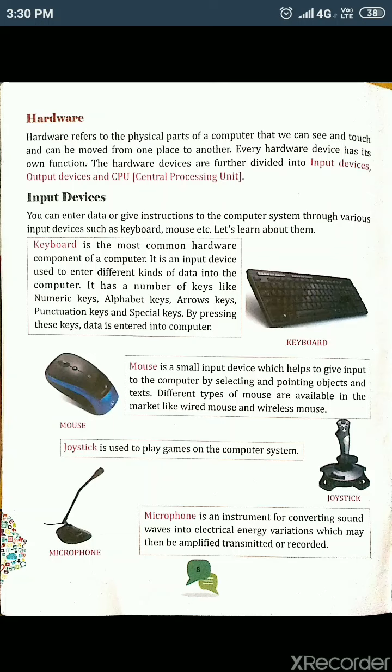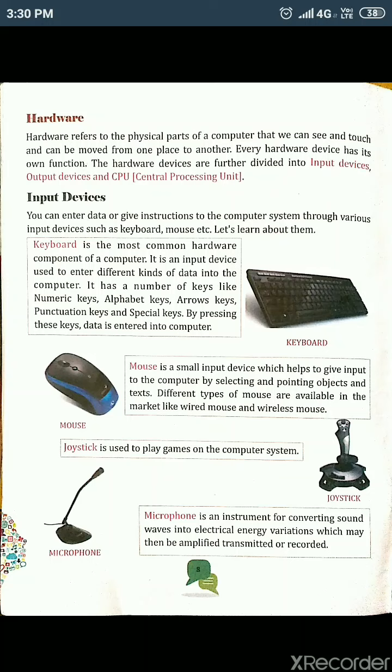Special keys are used for special functions: backspace key, enter key, shift, control, space bar. By pressing these keys, data is entered into the computer. To write a name, we use alphabet keys, and any type of data, by using these keys, we can enter into the computer.